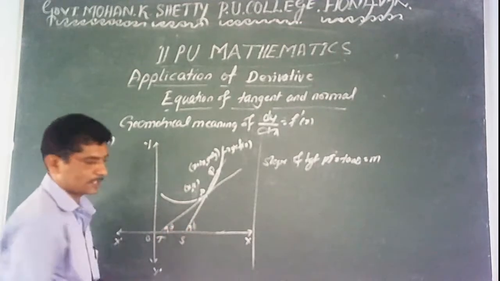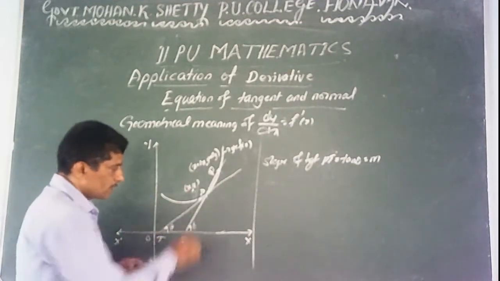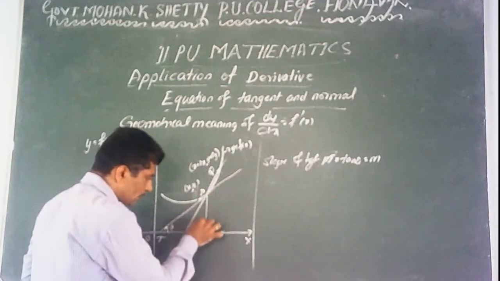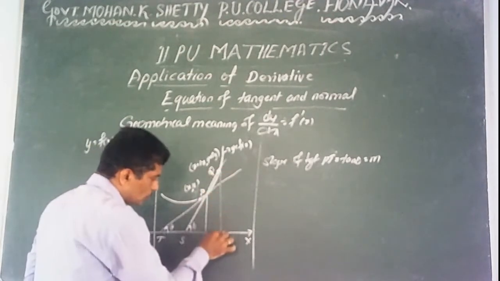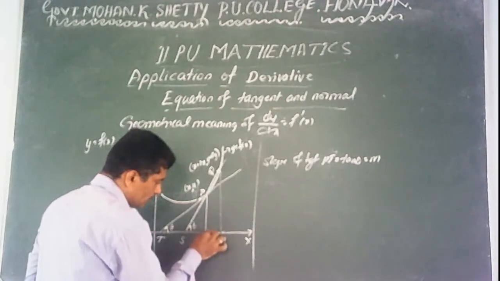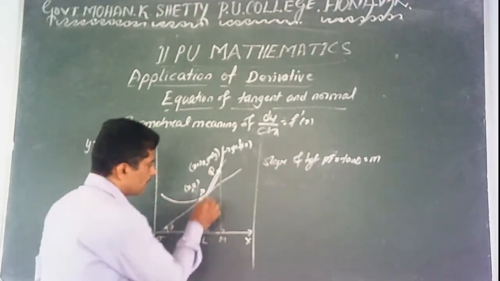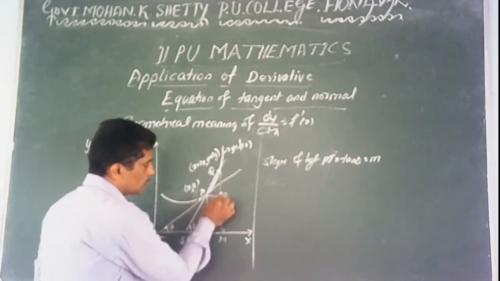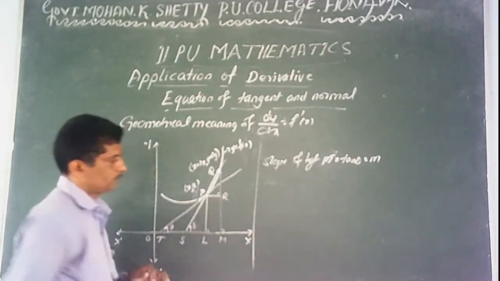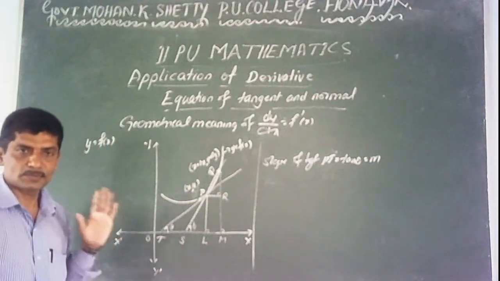makes an angle psi to the positive direction of x-axis. Then draw QM perpendicular to x-axis and PR perpendicular to QM. PR is perpendicular to QM.